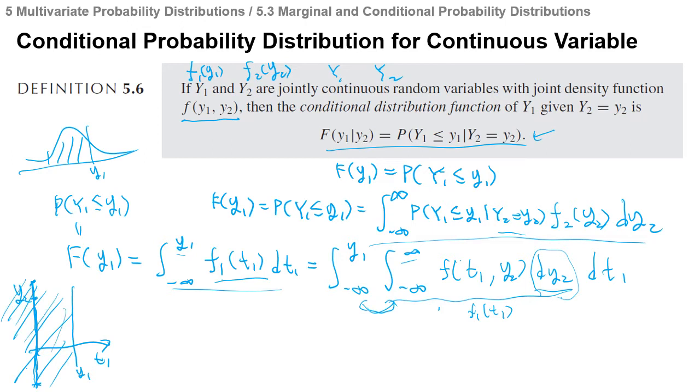So this way, and you can actually change the order.